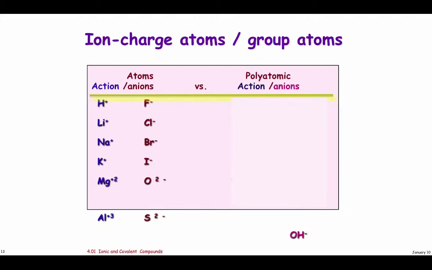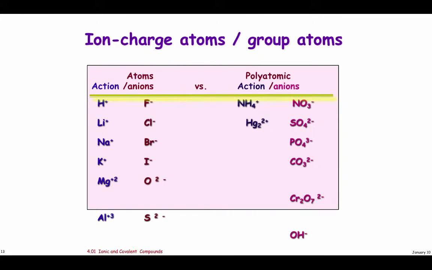Aluminum's +3, silver's +1. And you saw that from the periodic table that I showed you earlier. Then you have your negative anions, and these are your nonmetals. Fluorine, chlorine, bromine, iodine are your monoatomic anions, -1. Oxygen, -2, sulfur, -2, nitrogen, -3.